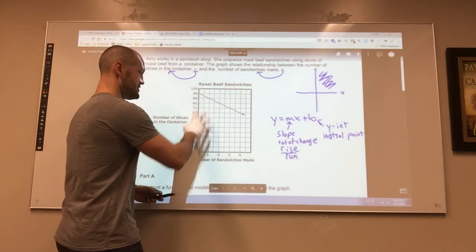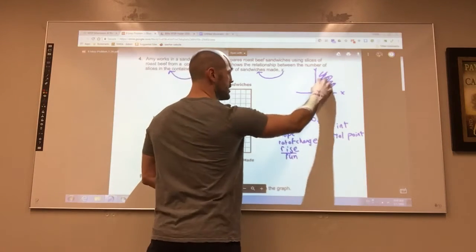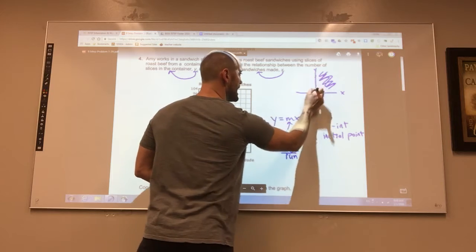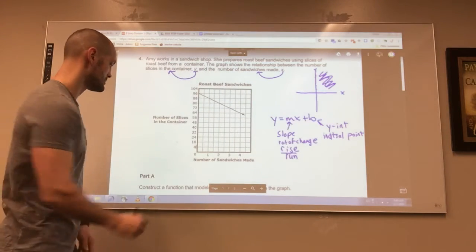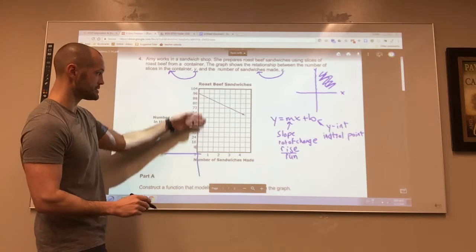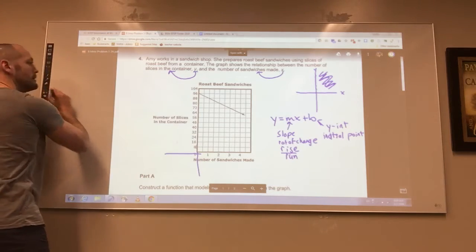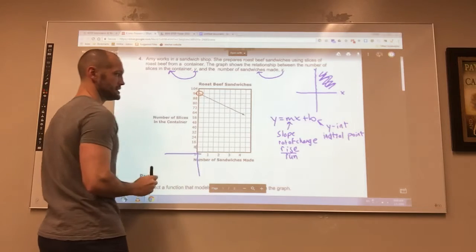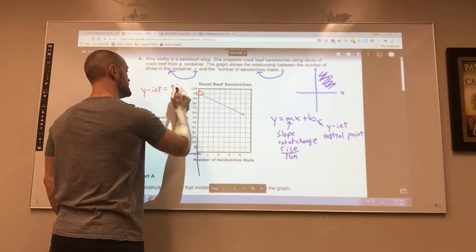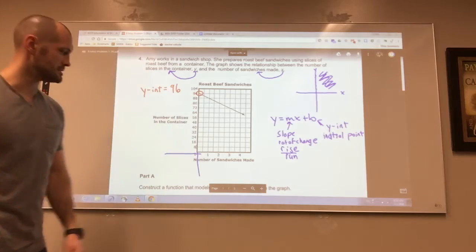So if this is really only representing this quadrant, then wherever it hits the y-axis is my y-intercept. So think about it. If it was going like this, where's my y-intercept for my line? Right there. So my y-intercept is 96. We'll talk later about what that means.